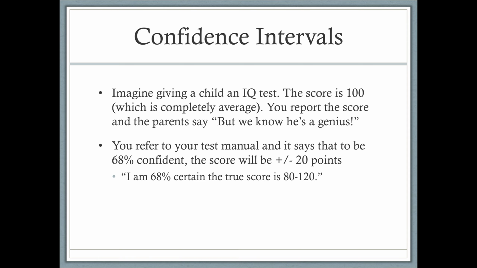And you look at your test manual, and it tells you that to be 68% confident, and it does specify 68%, I don't want anybody to think I just threw up numbers, but 68% is one confidence interval, the score will be plus or minus 20 points. So what you report to mom and dad is, I am 68% certain that your child's true score is between an 80 and a 120.